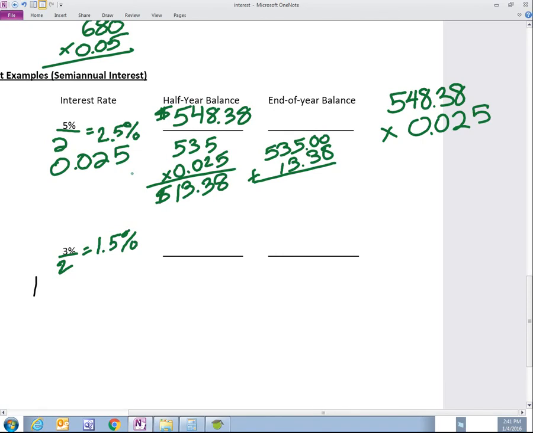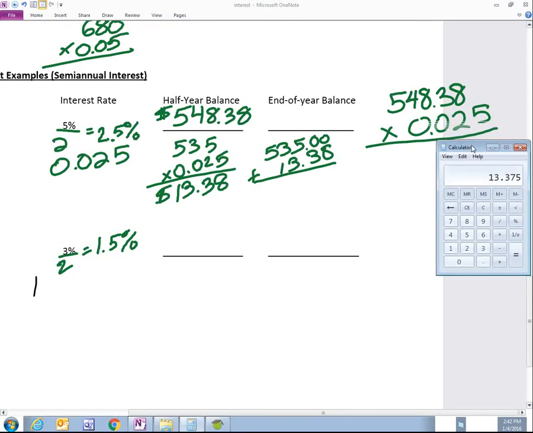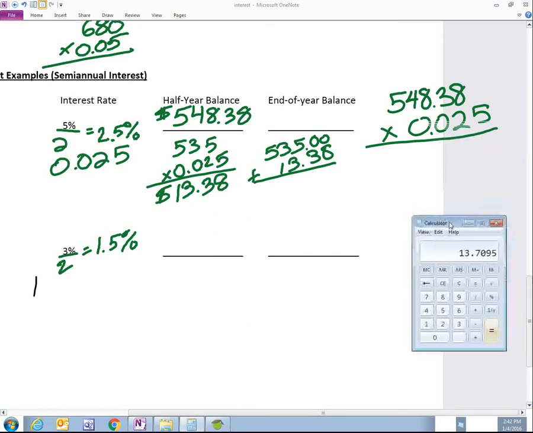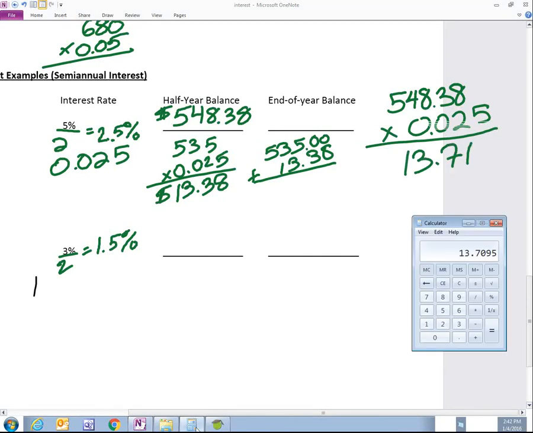Hopefully, since you're so zoned out right now, I see that you're all writing what you should. Hopefully you review this when you get home before you start the homework. So I have $548.38. It's compounded, so I have to use that as my new balance. 548.38 multiplied by 0.025 is $13.71. So I have to add that now to what?